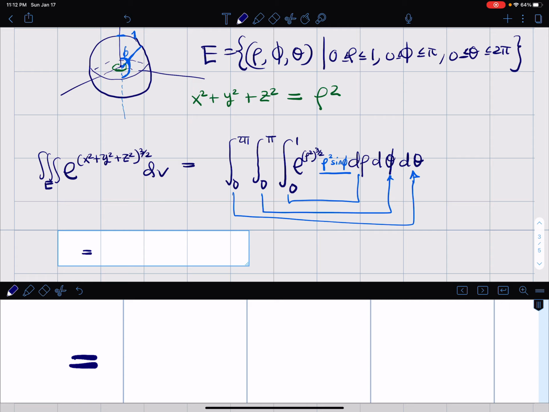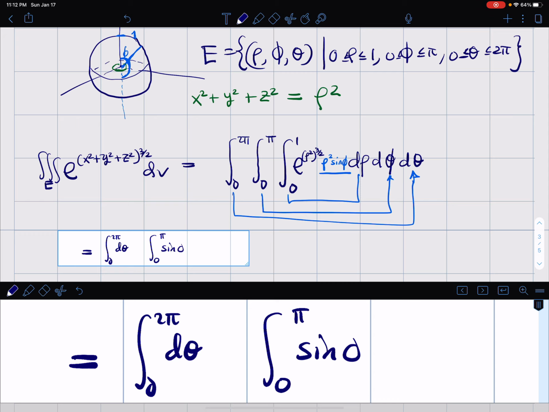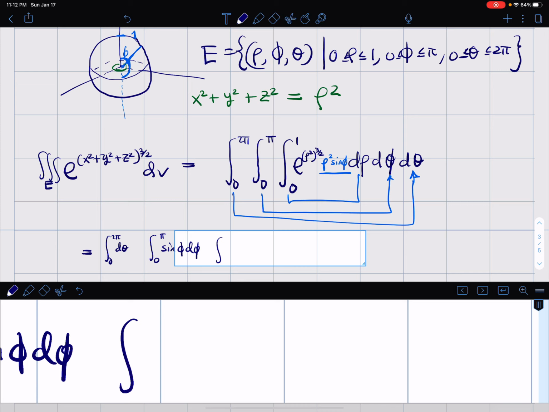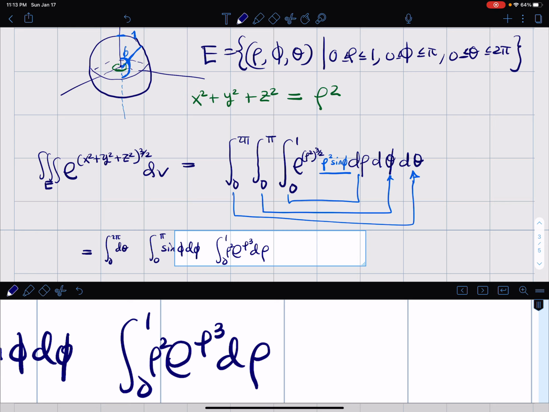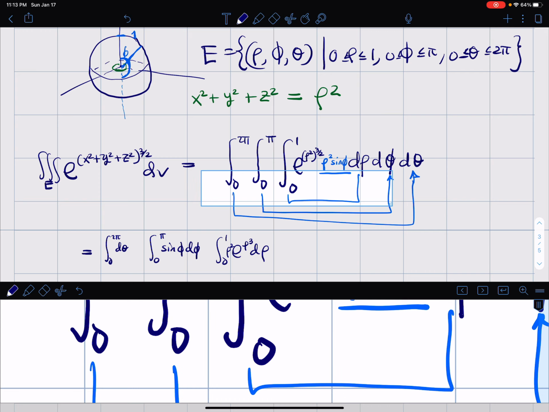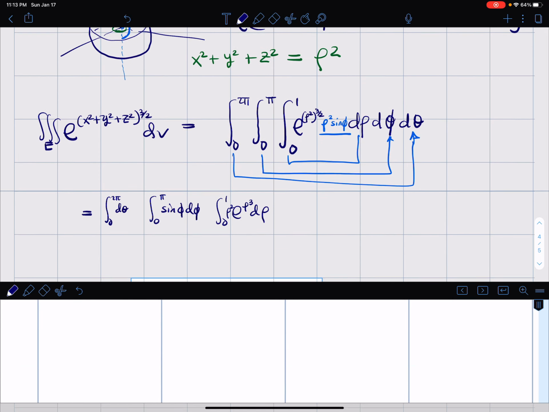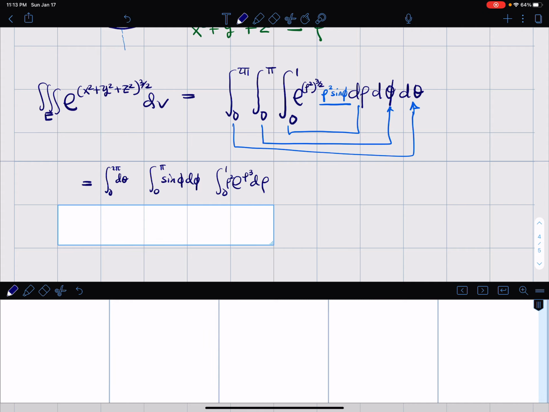So we can start with theta: the integral from 0 to 2 pi d theta, times the integral from 0 to pi of sine phi d phi, times the integral from 0 to 1 of e to the rho cubed times rho squared d rho. And we can do this because the limits of integration are all constants, right? And we can separate the integrals.